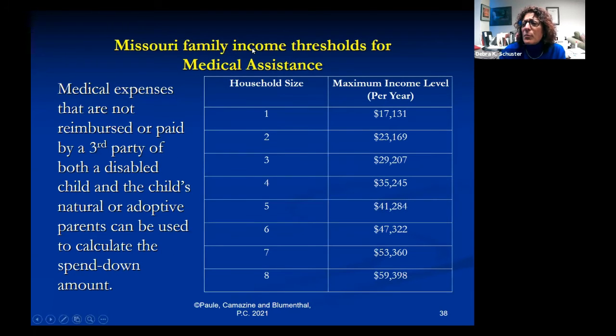So these are some of the thresholds for family incomes when looking at medical assistance or Medicaid for health insurance. And these are medical expenses that are not reimbursed or paid by a third party of both the disabled child and the child's natural or adoptive parents that are used to calculate spend down. So for a household of one, the maximum income level is $17,131, and you can see as the household increases, so does the maximum income that is allowed per year.